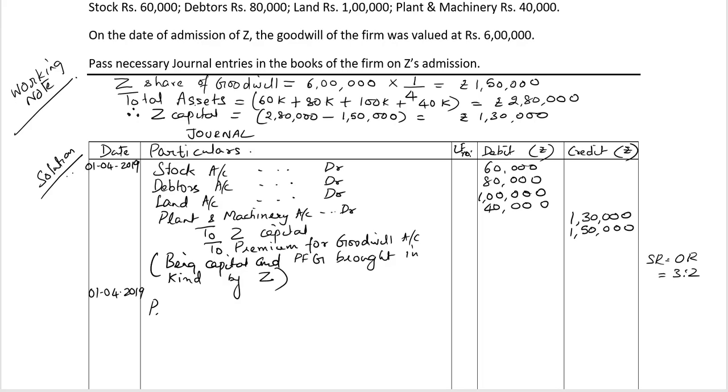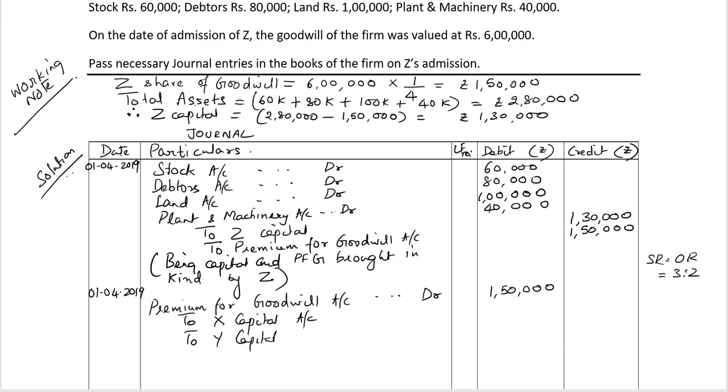So we have premium for goodwill account debit 1,50,000 rupees to X capital account, to Y capital account.